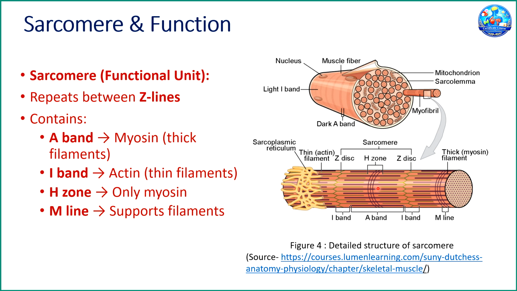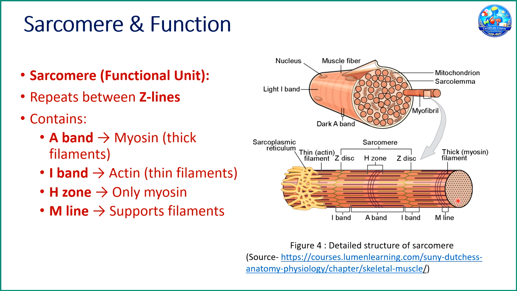The sarcomere extends from one Z line to another Z line, and it consists of alternating dark bands and light bands. The A band, which you find here, contains thick filaments and is composed of myosin.